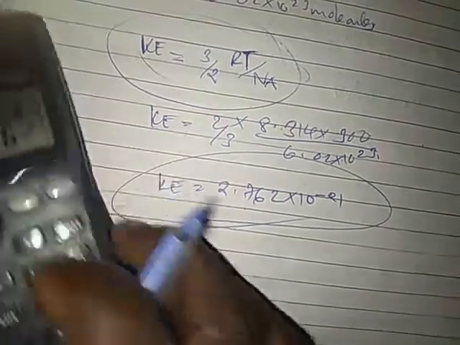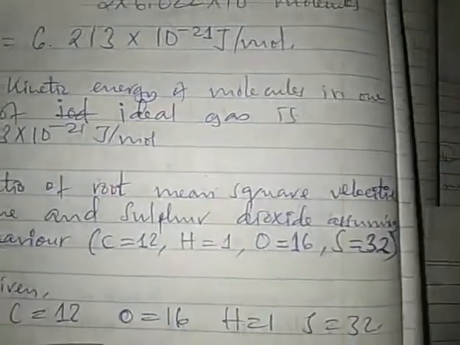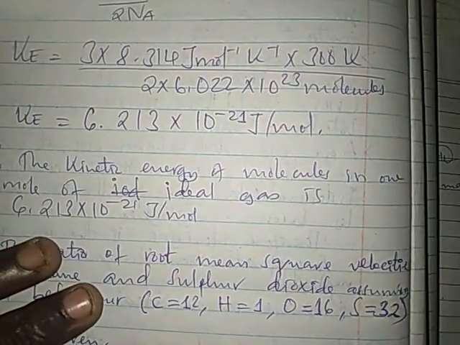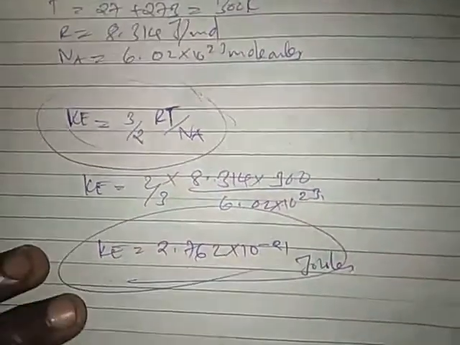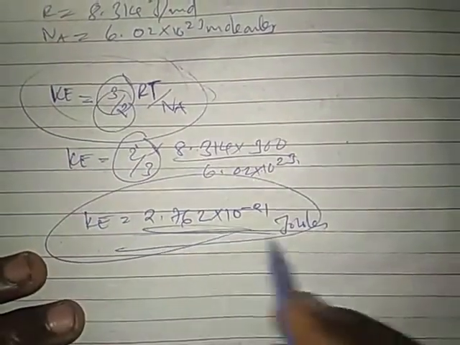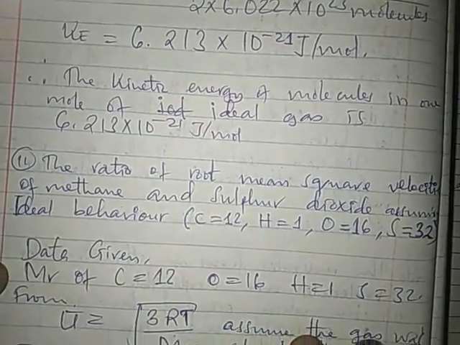Kwa hiyo kinetic energy yetu hapo ikiwa kwenye joules. That is the kinetic energy for one gas molecule. Kama unavyoweza kuona hapo ni kwamba hiyo equation ilikosea kidogo kwenye kucompute. You see? Niliweka 2 ya 3 badala ya 3 ya 2. Kwa hapa ndipo palipoleta jibu tofauti. Lakini this is the value of kinetic energy of the gas molecule.